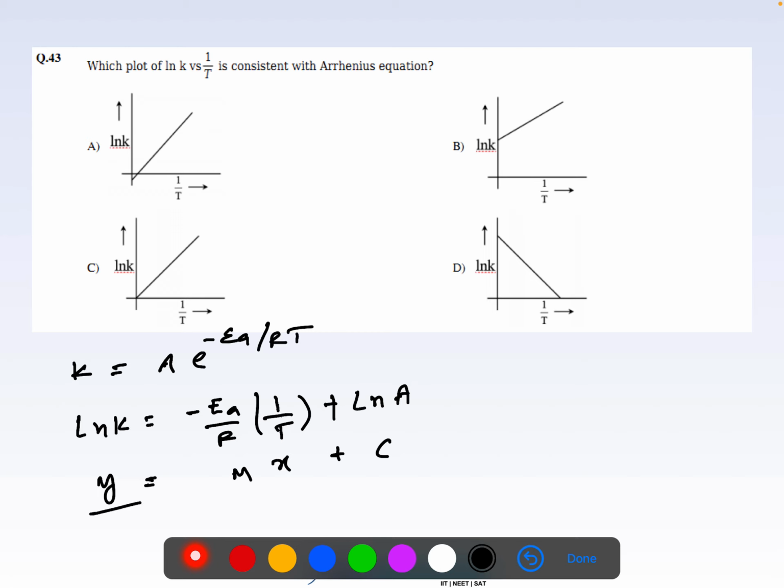So if we draw a graph between ln k versus 1 by T, we get a negative slope that is equal to minus Ea by R, and the intercept is ln A. So this is the correct option, option D.